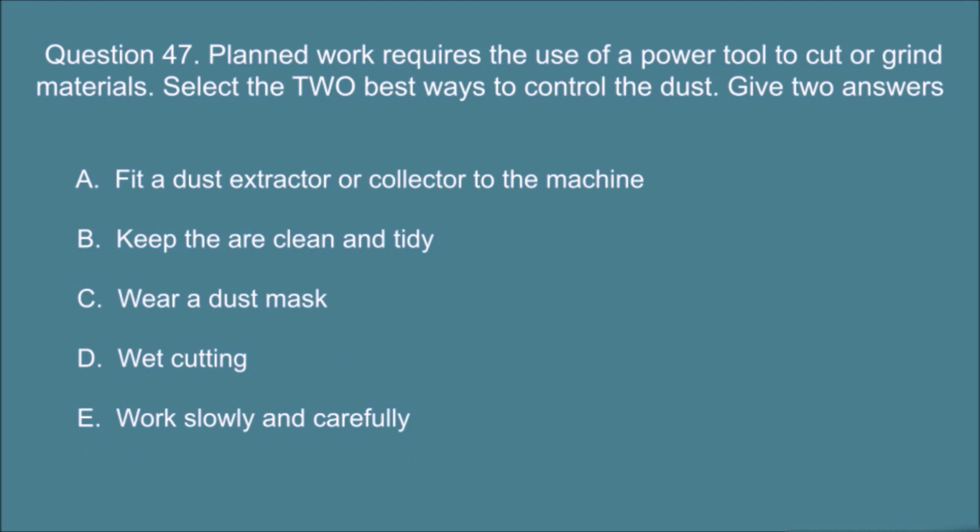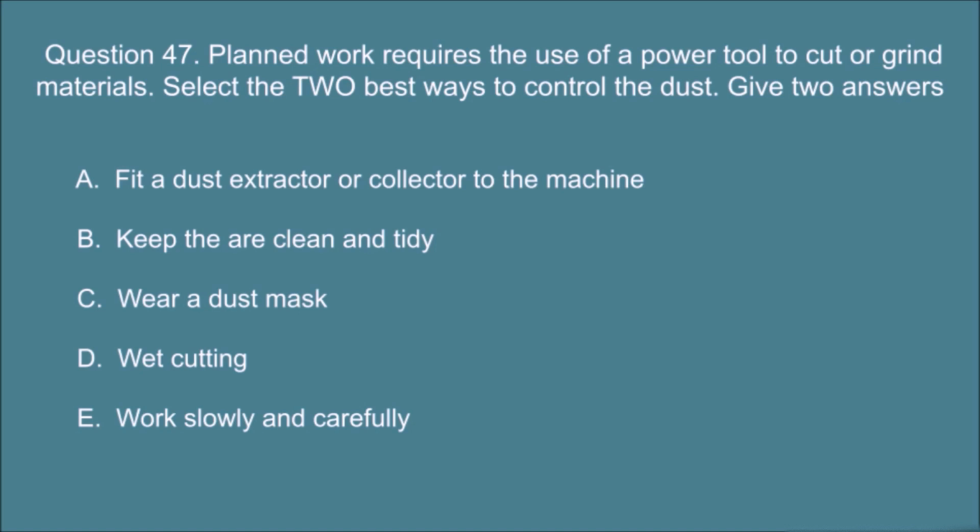Question 47. Planned work requires the use of a power tool to cut or grind materials. Select the two best ways to control the dust. Give two answers. A. Fit a dust extractor or collector to the machine. B. Keep the air clean and tidy.